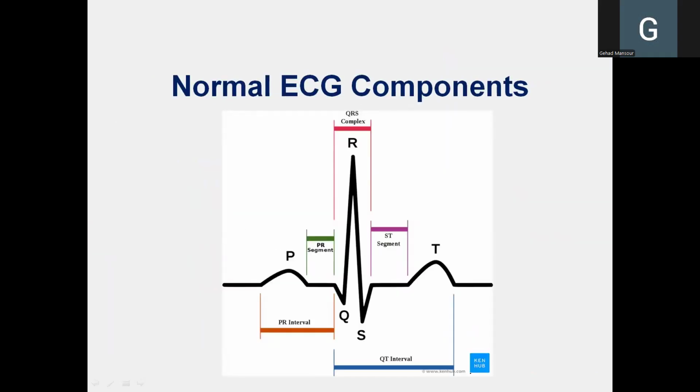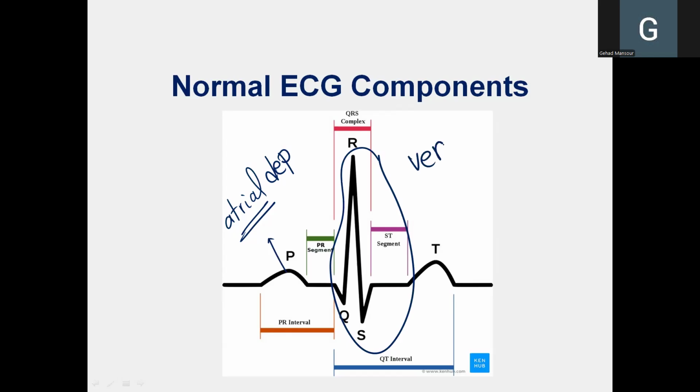And what are the normal ECG components? The P wave indicates spread of depolarization over the atria, so it indicates atrial depolarization. The QRS complex as a whole indicates ventricular depolarization, and it includes two negative deflections, Q and S, and in the middle you have a positive tall R wave.